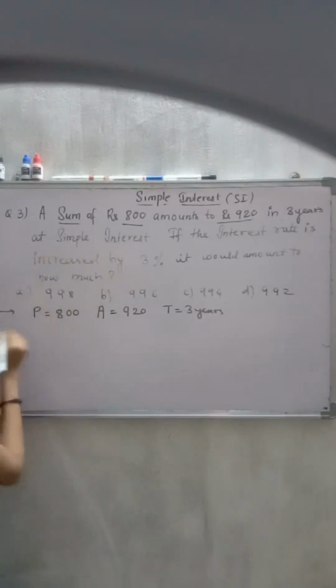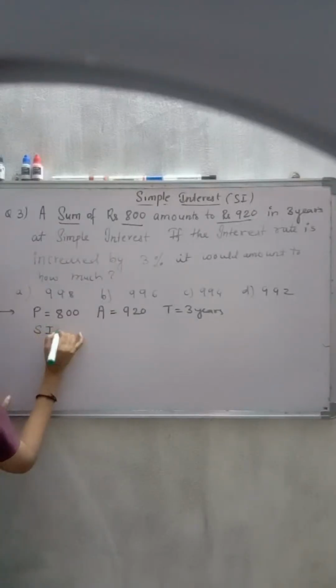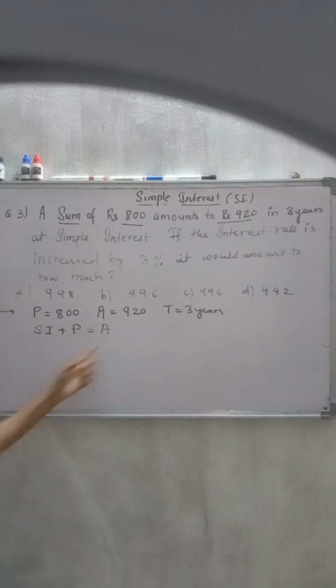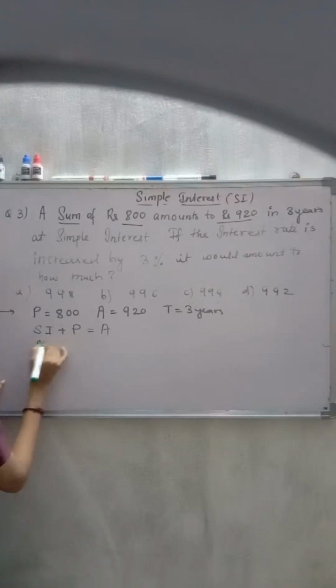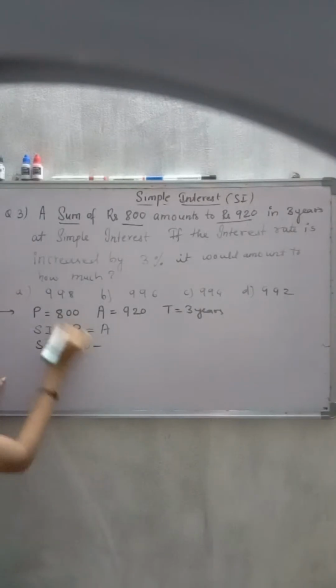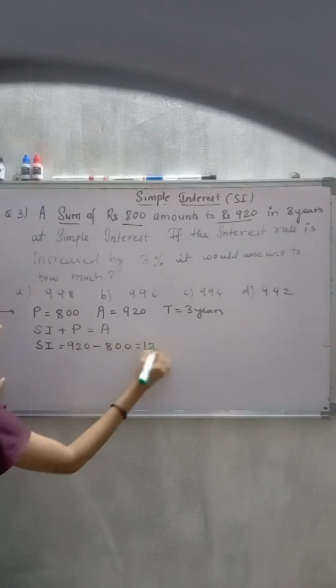simple interest. So we know if we add SI with the principal, we get the amount. Amount is always principal plus the interest. SI we don't know, amount we know 920, this P this side subtract 800, so SI will be 120.